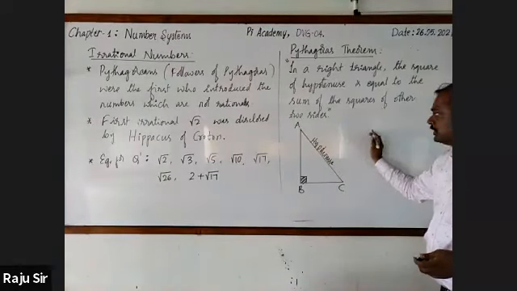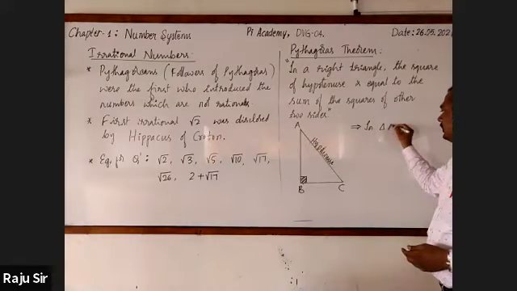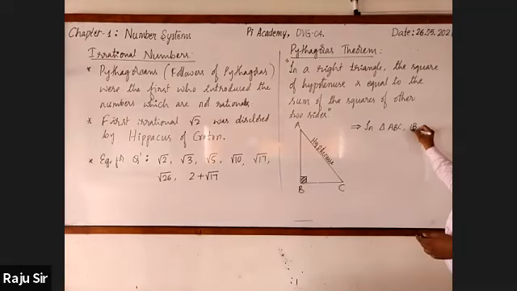Just beside this figure, put the implies symbol and write in triangle ABC, angle B equal to 90 degrees.